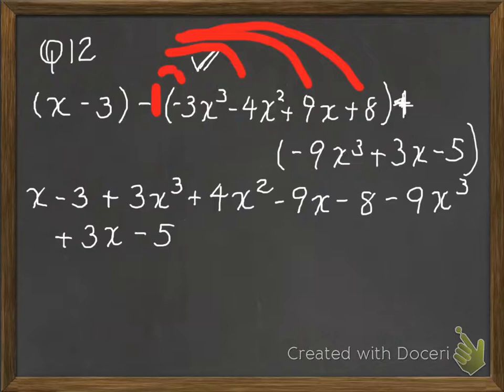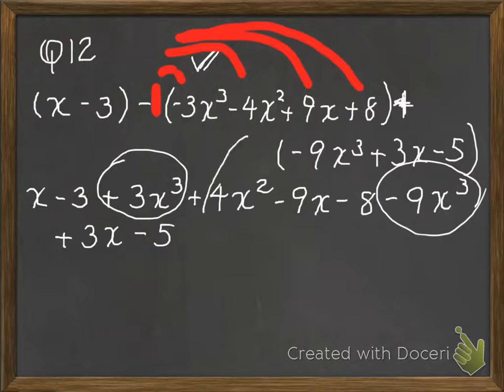Okay? Now I'm going to collect my like terms. I see here I have one set of cube terms. Put those in like shapes. And I have an x squared term here that's all by itself. I have x terms, I'll put those in squares.